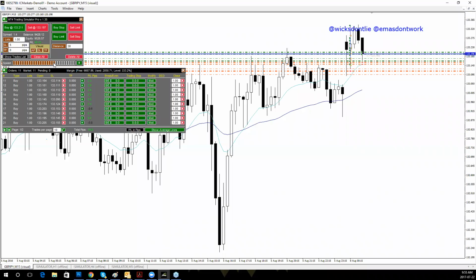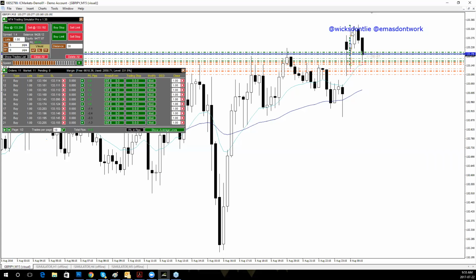Rakil, do you think it's going to fill the gap? No, because I think price has found support right over here. The way I treat gaps is as support and resistance. If you had resistance in this area and it gapped up, that means price broke resistance and went up.